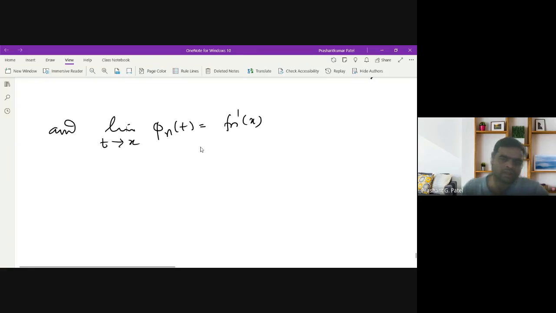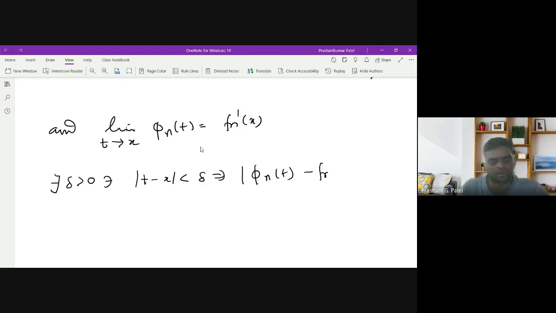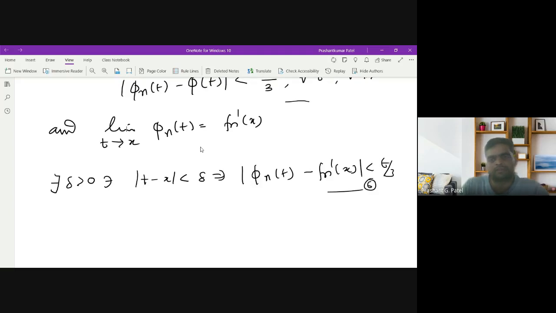And as per the definition of the limit here also, for given epsilon greater than 0, we can have some delta greater than 0 such that modulus of t minus x less than delta implies modulus of phi n of t minus fn dash of x less than epsilon by 3. I may call this statement number 6. This may be 5.